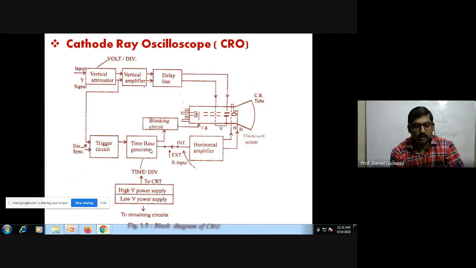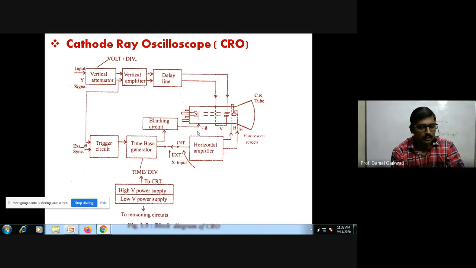The time base generator is directly connected to the horizontal amplifier, and accordingly there is a deflection of the electron beam horizontally. So check carefully, this is the diagram of the CRO. One of the important questions asked in examinations is: draw a neat labelled diagram of the cathode ray oscilloscope, or the block diagram of the cathode ray oscilloscope.